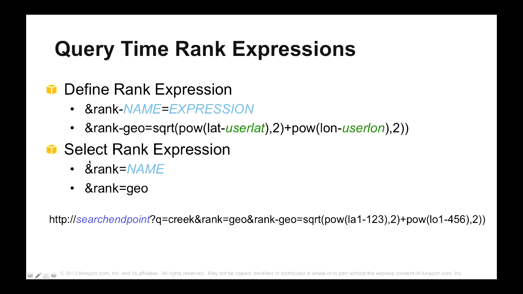Now that defines the rank expression, but it doesn't put it into action. So to make it actually be used, we then say ampersand rank equals law. All right, and here's a sample URL. You can see we have our query. We select our rank expression that we defined right there. And here, 1, 2, 3, and 4, 5, 6 represent the user's latitude and longitude.